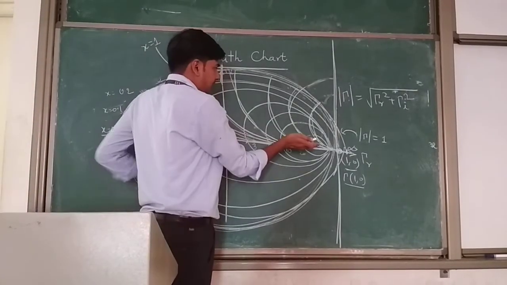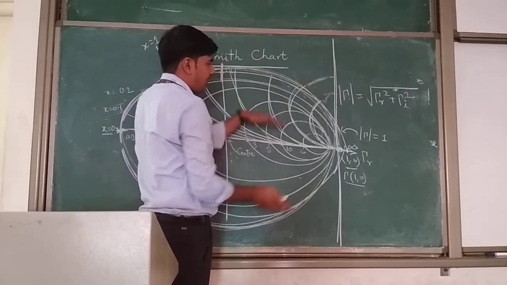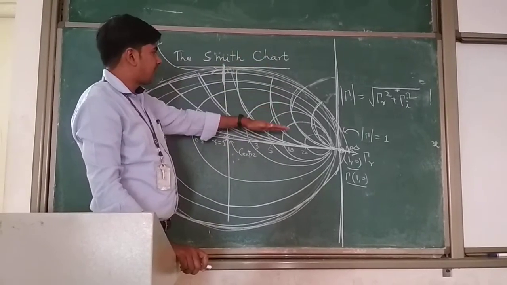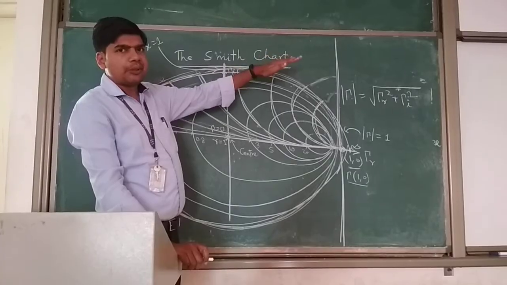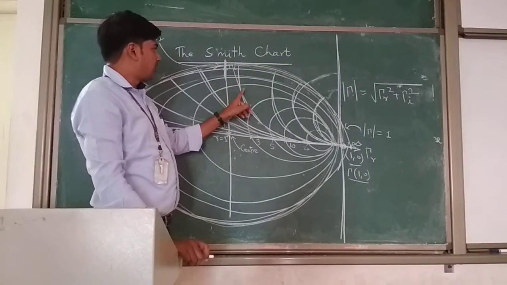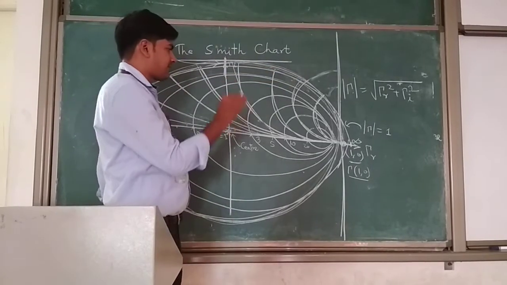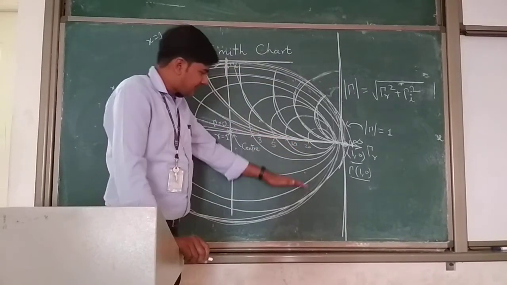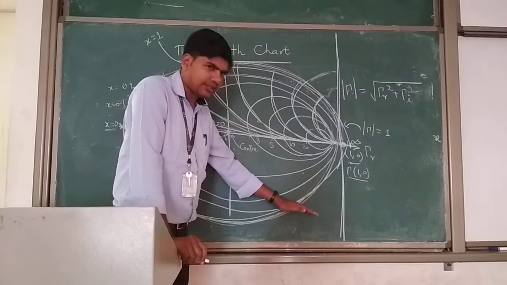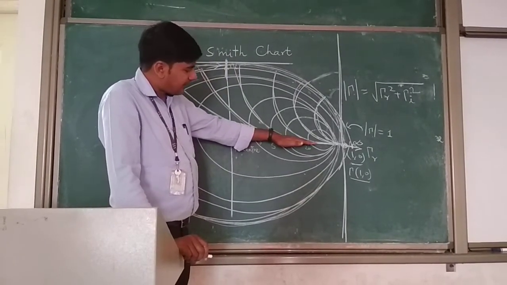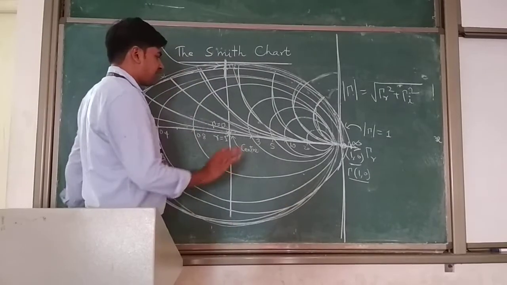Similarly, this is the positive half of the Smith chart, or you can say these are the inductive loads. The load on this side will be represented with a plus sign, and the reactive value below the real axis of the reflection coefficient will have a negative value.